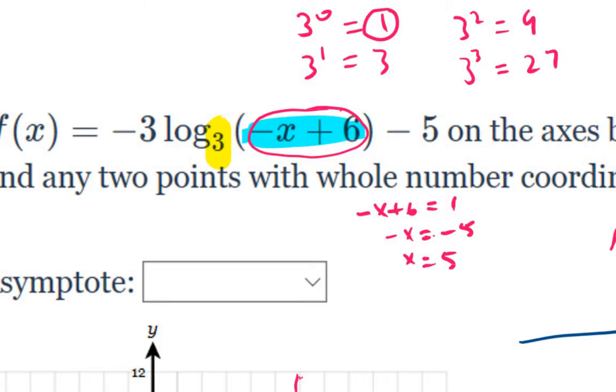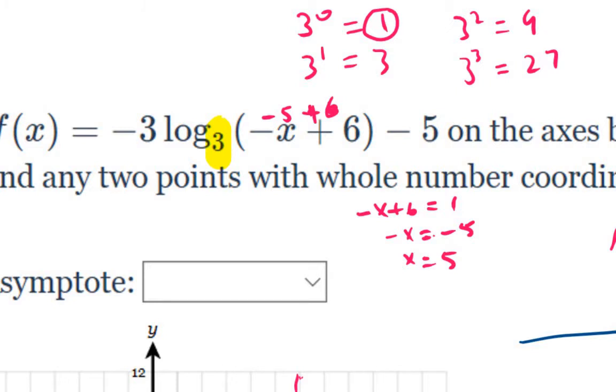Let's see if it works. If I put 5 here, it will be negative 5 plus 6, which is 1, which makes sense. So now we succeeded in getting this to be 1 by setting x to be 5.